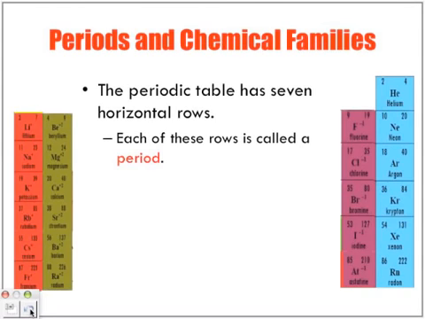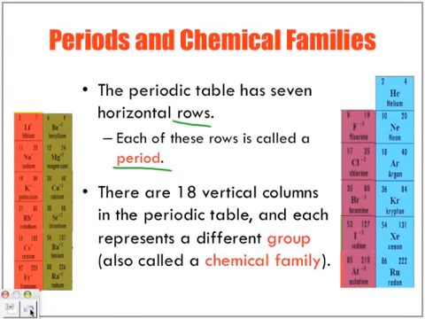Periods and chemical families. The periodic table has 7 horizontal rows. As we said before, we're not going to refer to them as rows, we're referring to them as periods. There are 18 vertical columns. We're not going to call them columns, we're going to call them groups, and some are called chemical families.